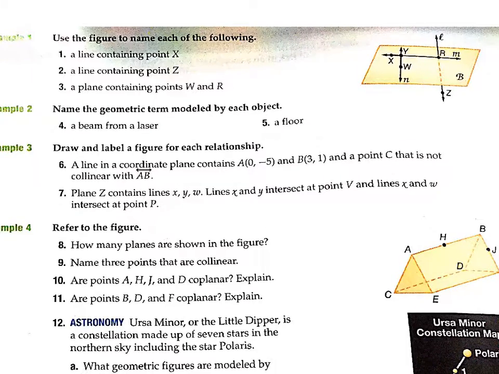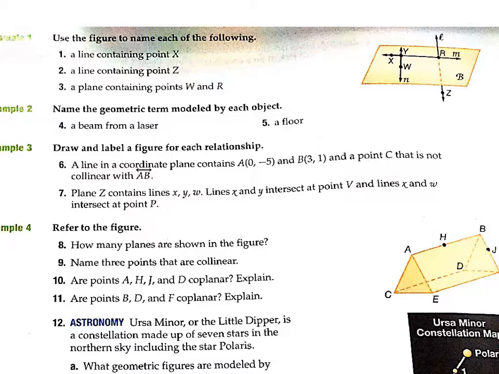So right here we see we're going to do problem number 2, a line containing point Z. So it says use the figure to name each of the following. A line containing point Z. So here's the point Z. This is the line that contains it. So we could write a couple of things here.